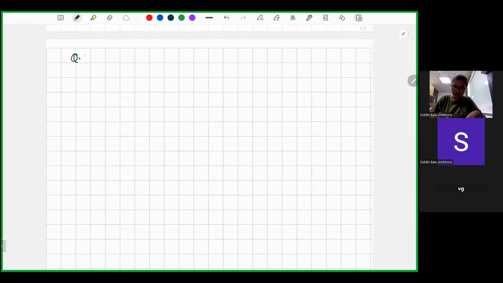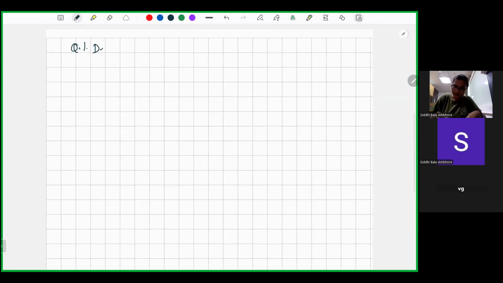Question 1, determine whether there is a linear map F with the following given properties.